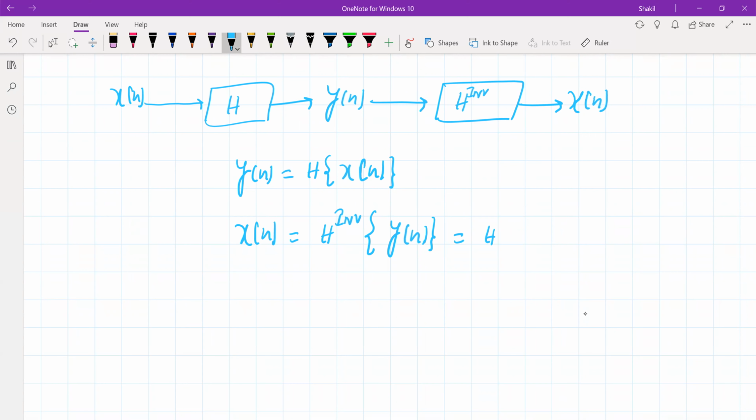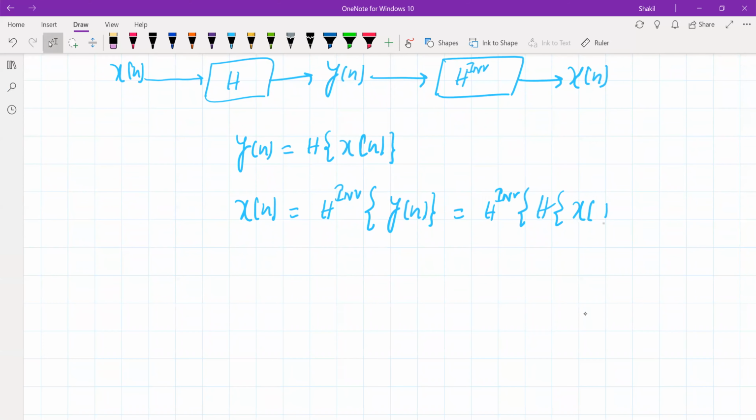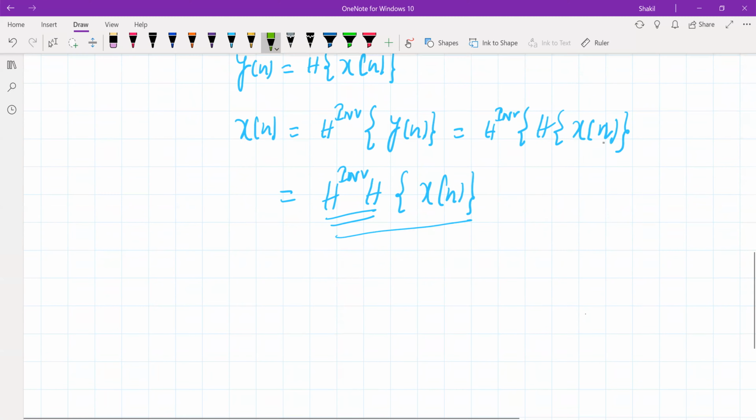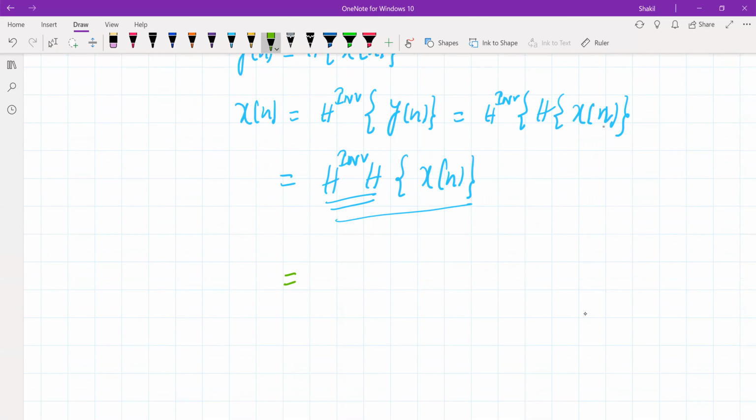If we substitute y of n here, this should be H of x of n, and if we take H inverse inside, this will be H inverse H times x of n. To get x of n from this whole operation, this H inverse H operation must be some kind of identity operation.